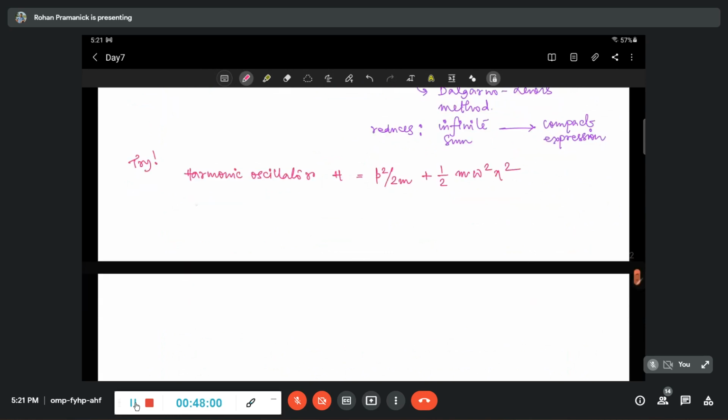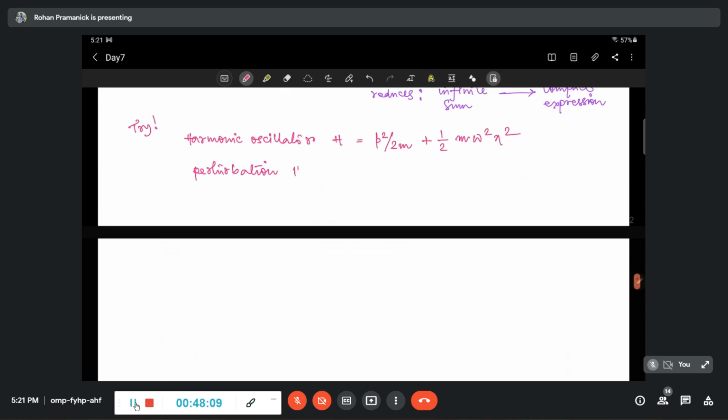Now if you have a perturbation, which probably you have also done in your exercises, such as minus q epsilon x, then your system is given by H0 plus H prime.